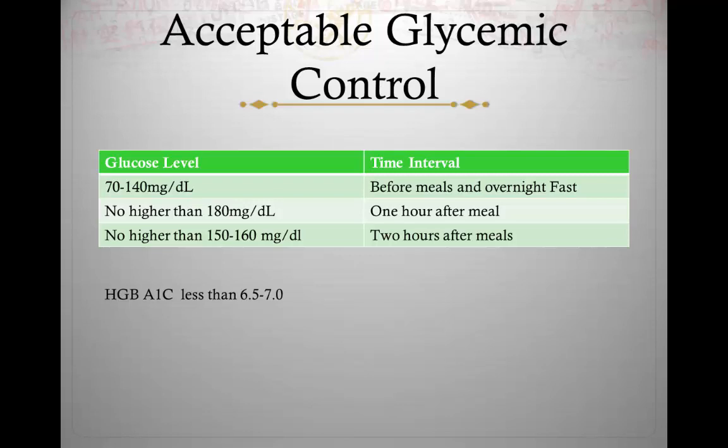Or in other words, even though you're high risk for diabetes, if you do before meals or overnight fasting and your blood glucose levels are 70 to 140, that's acceptable even though it's in the range of pre-diabetes. If 1 hour after a meal is no higher than 180, or no higher than 150 at 2 hours postprandial.